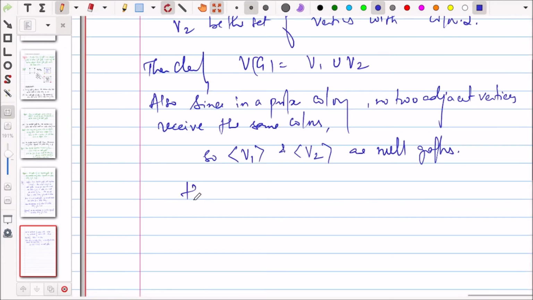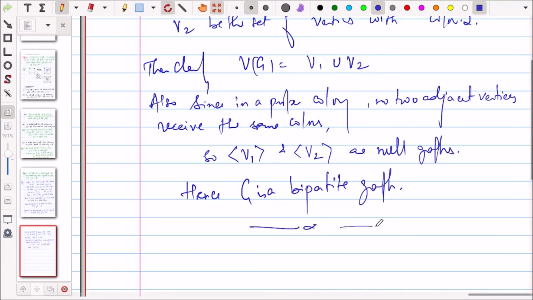So hence G is a bipartite graph. Is it fine? Is it clear, everyone? Yes, sir.